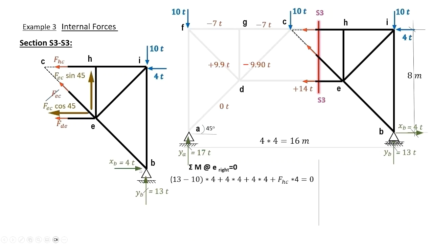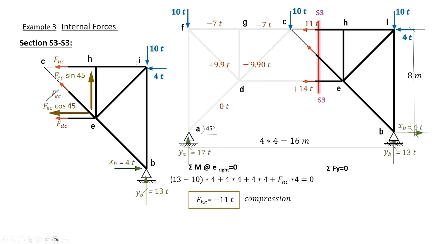The force XB also rotates counterclockwise and has a positive sign. And the force in HC rotates with a positive sign also about E. This gives the force in HC equals minus 11 tons compression and is plotted on our diagram here.